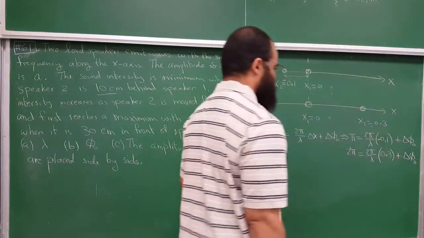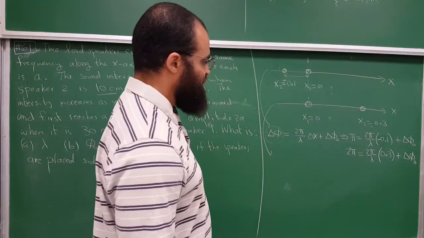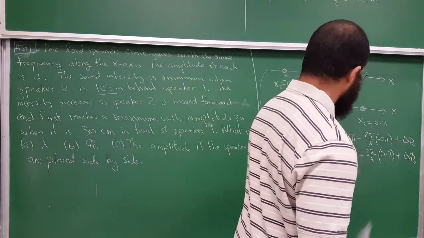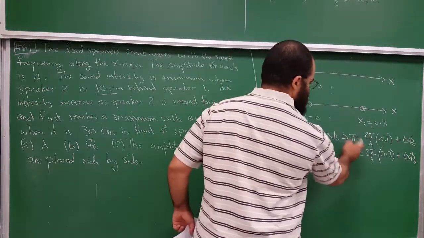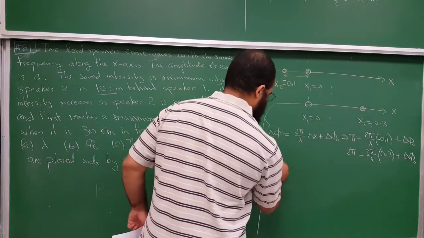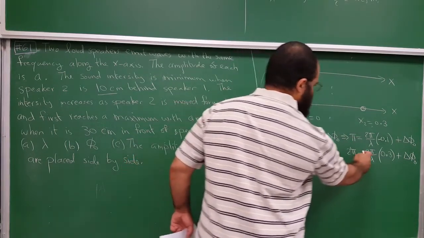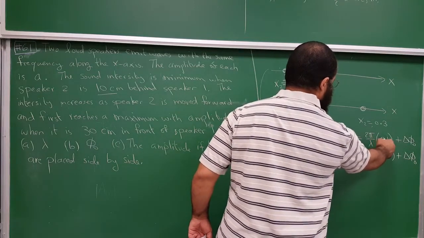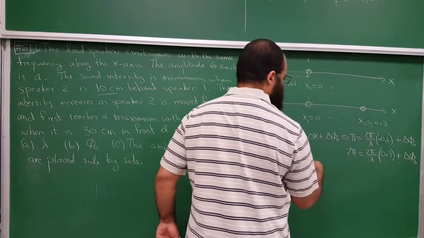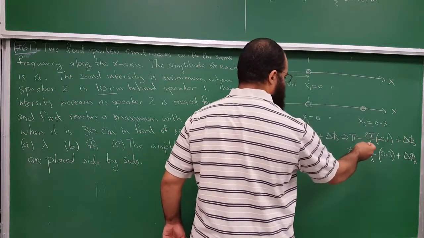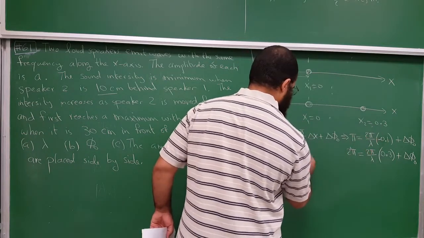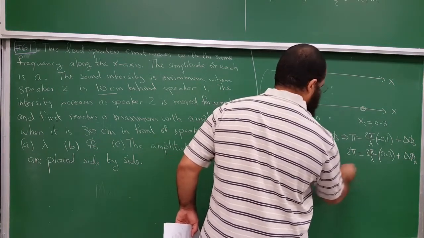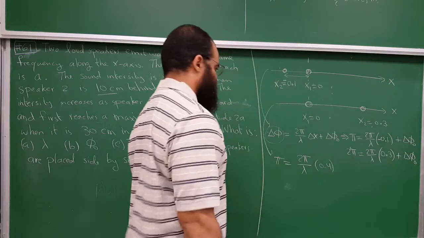That's easier. So we can do this equation minus this equation and solve. 2 pi minus pi is pi on the left-hand side. And then you have 2 pi over lambda times 0.3 minus negative 0.1 times 2 pi over lambda. So that becomes 0.3 plus 0.1, that's 0.4. And the delta phi 0 just cancels.